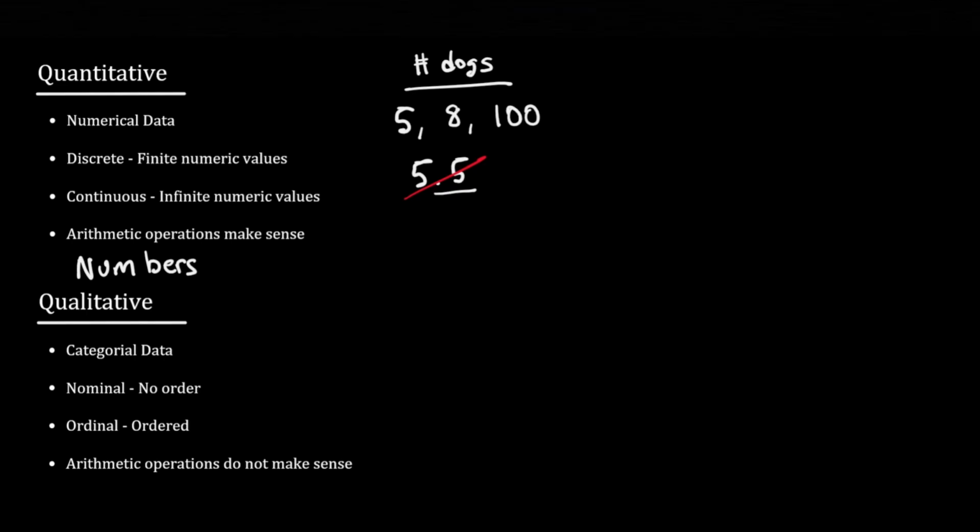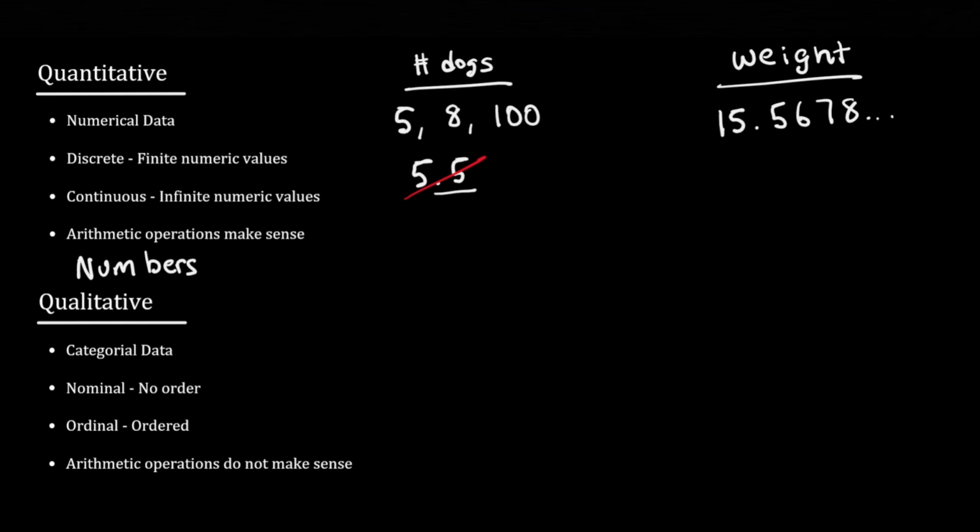In contrast, continuous variables can take on infinite numeric values. Let's say our variable is weight. Then weight can be 15 pounds, 15.5 pounds, or 15.5678 pounds, and so on. As a result, our variable can take on an infinite number of numeric values.